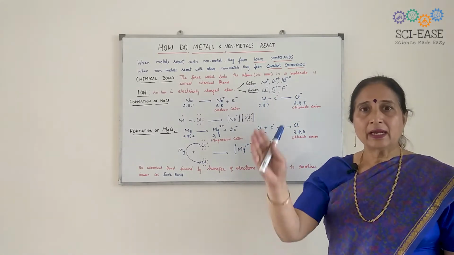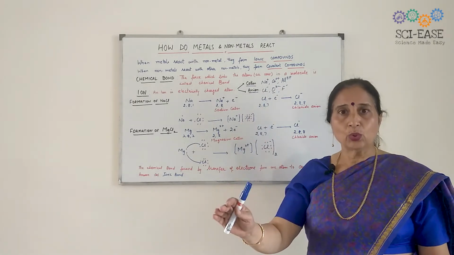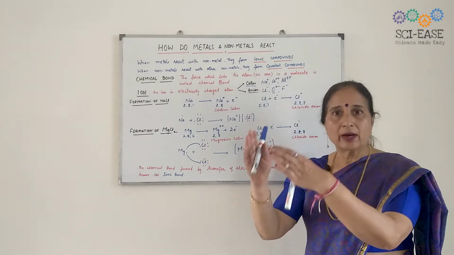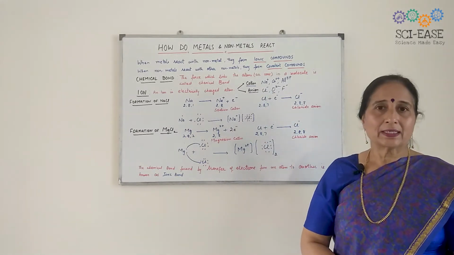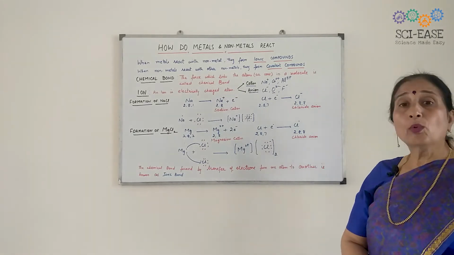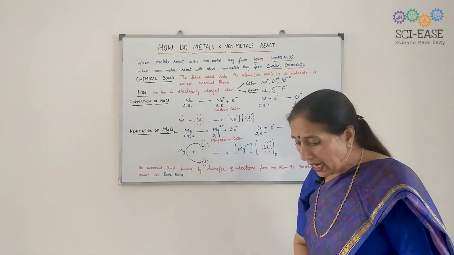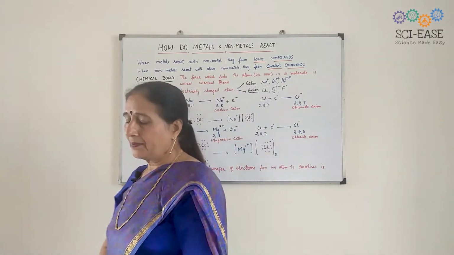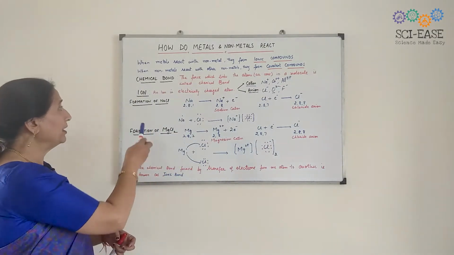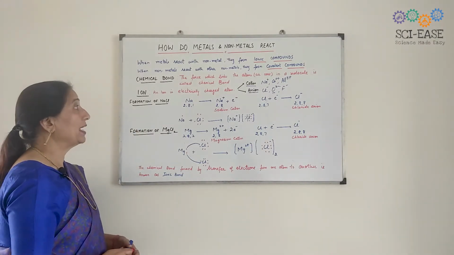The remaining have 8. You know neon, argon, krypton, xenon, radon, they are all noble gases. So the things will become more clear when I take some examples. First, I will take a very common example, the formation of NaCl.